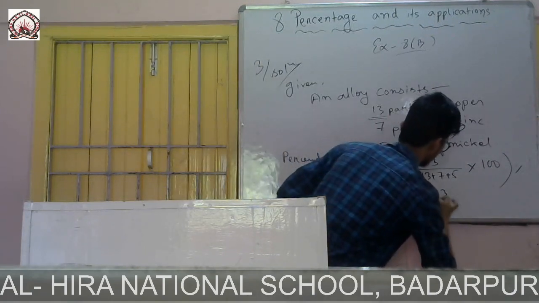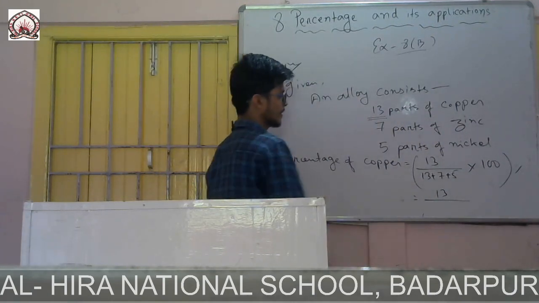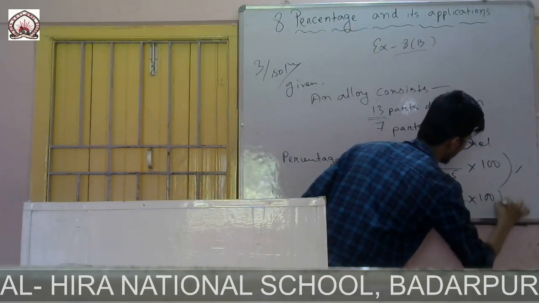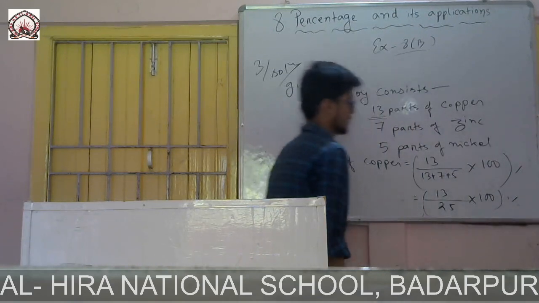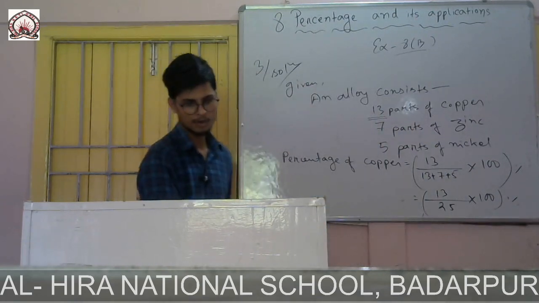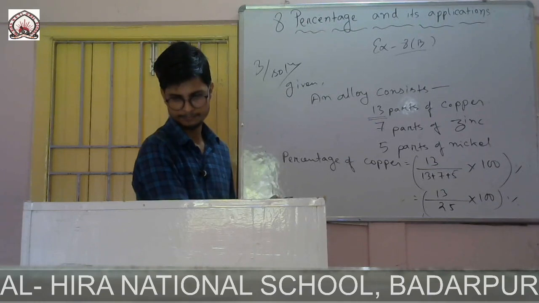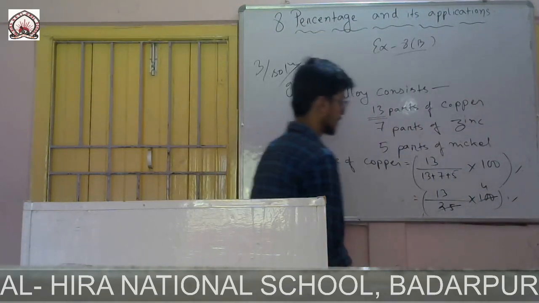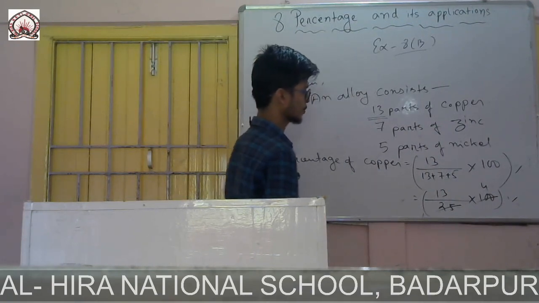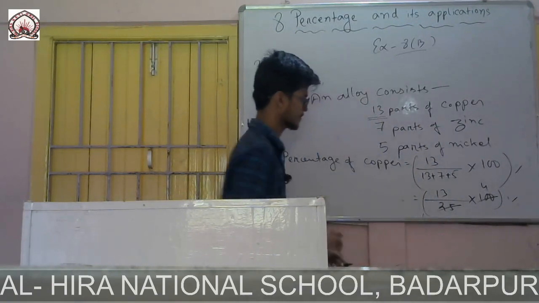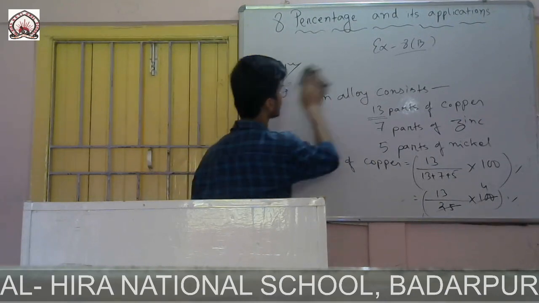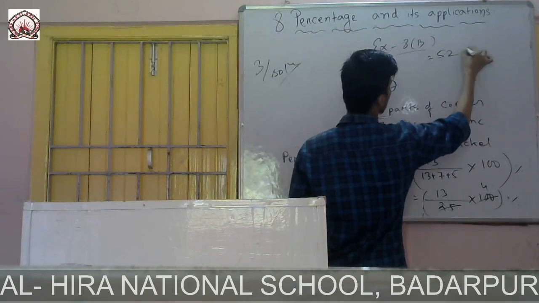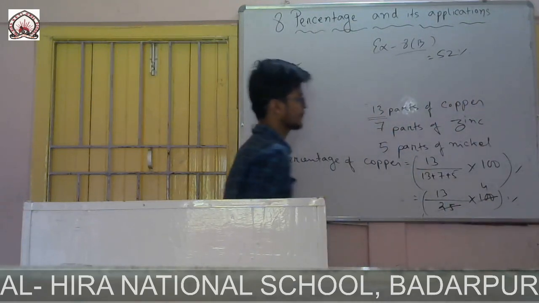If I add this, 13 plus 7 is 20, plus 5 is 25, into 100%. 13 by 25 into 100%. 25 fours are 100 and 13 fours are 52. So the answer is 52%.